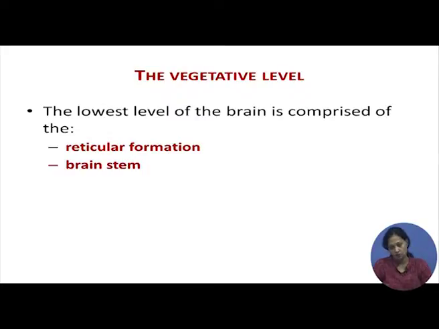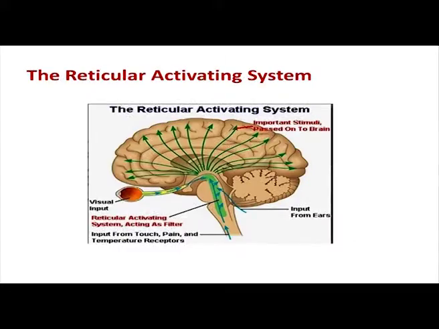Now, both these structures, as we have seen, are related to the regulation of responses, like heart rate, breathing, sleep, etc. So, again going back, see, the reticular activating system takes its impulses from the optic fibers, the auditory fibers, from the various cranial nerves, and this actually screens the stimulus, and with the help of the relay center, the thalamus, sends the impulses to the various parts of the brain.